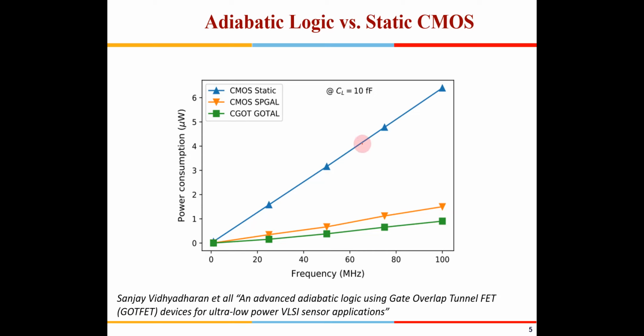So if you see between the orange and the blue line, there is a lot of savings in the power when we are using adiabatic logic. Okay, so this is one of the logics which are used. Adiabatic logic is used in many applications these days, especially for IoT networks, where you have a limited onboard power supply.